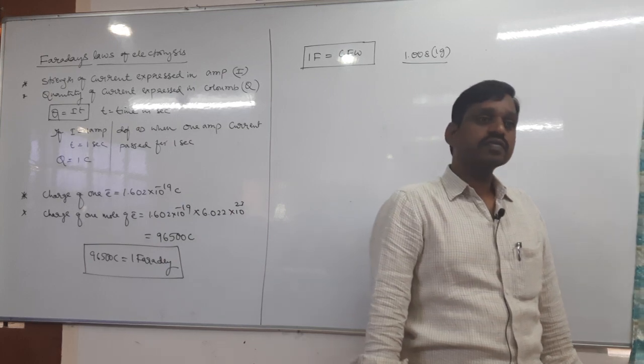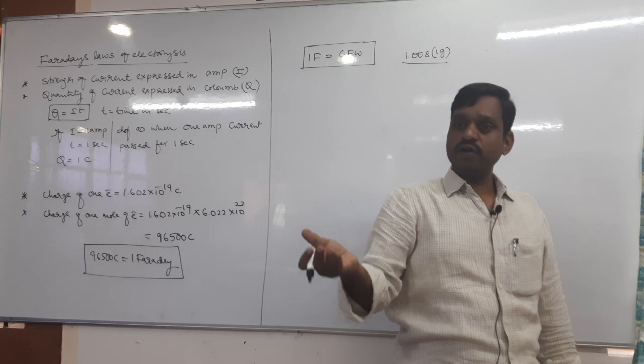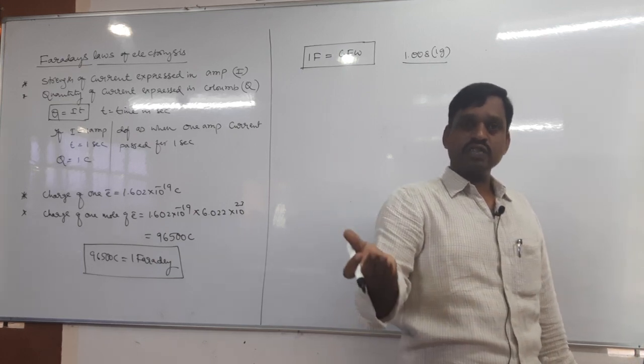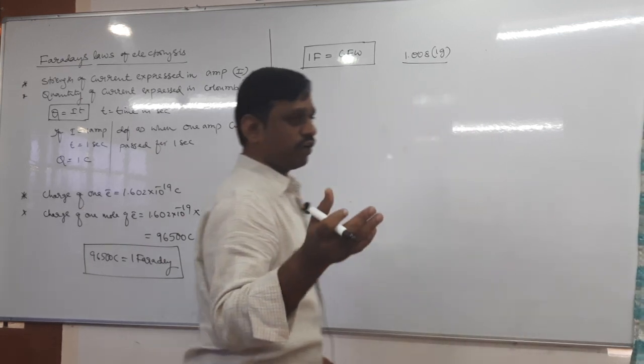What is the reason? Because the equivalent weight of hydrogen is 1 and the equivalent weight of chlorine is 35.5.